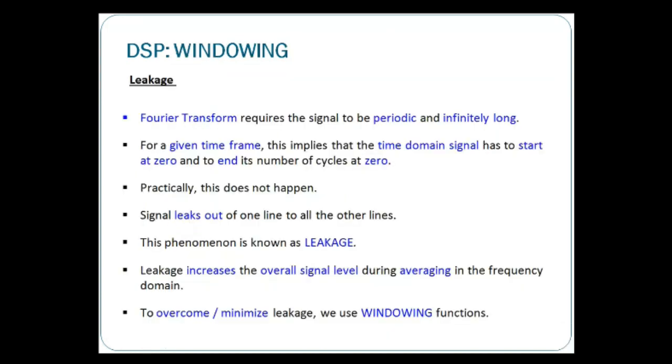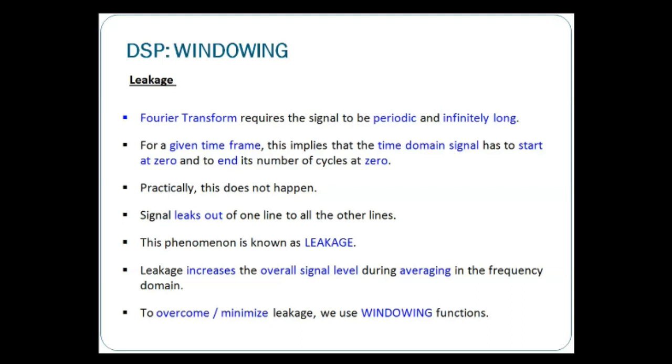Windowing. This is another possible source of error that could lead to an inaccurate representation of our frequency domain spectrum data.